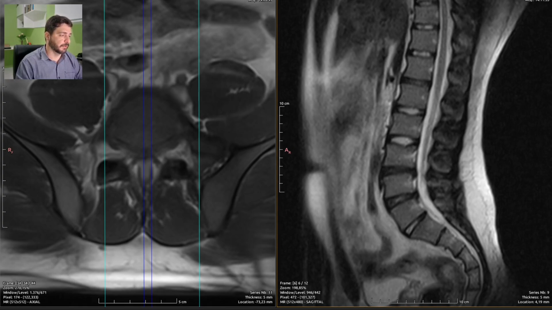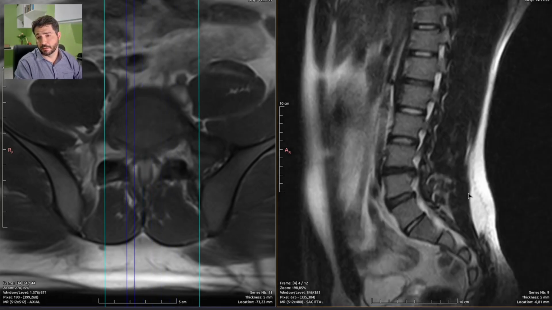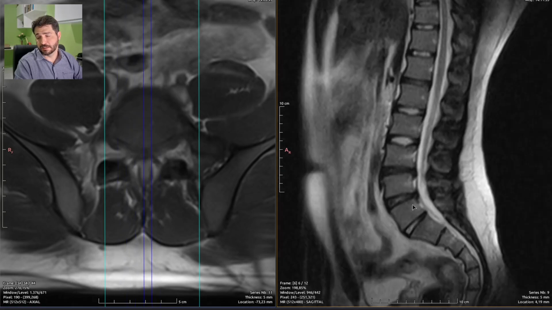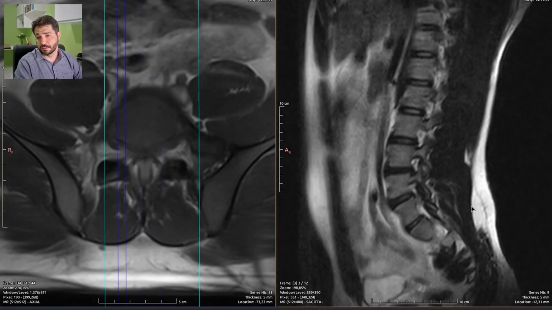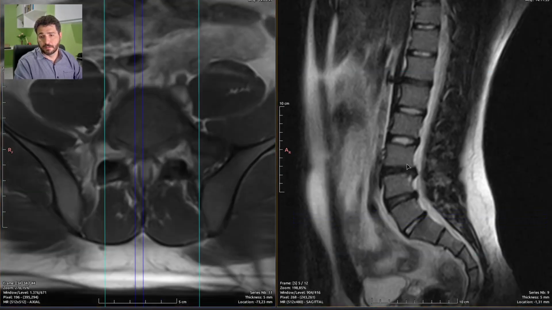It's a Modic 1 type of disease. This is L4, L5.